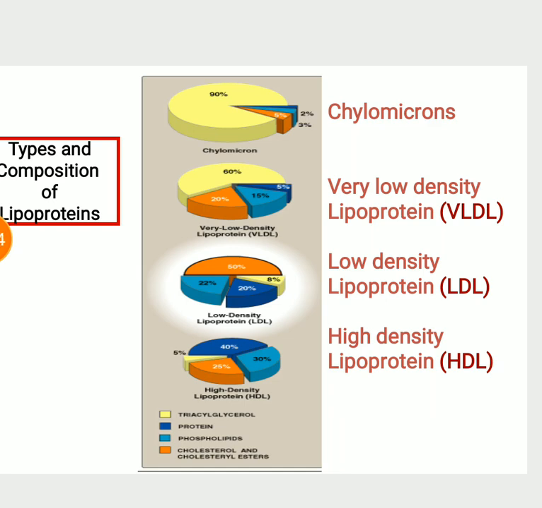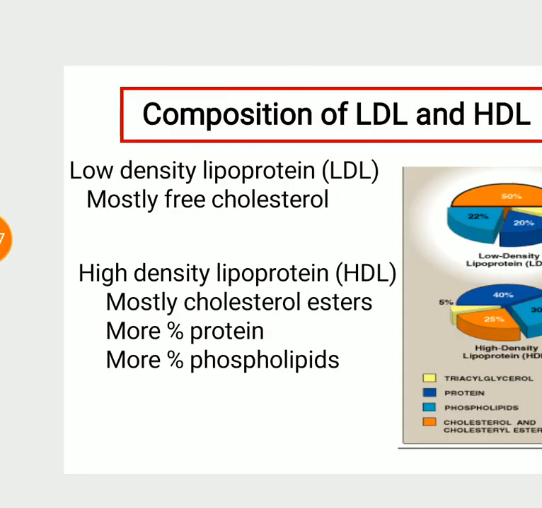So they're the ones above, followed by very low density, second to chylomicrons, then low density, then high density. High density has the smallest diameter but the highest density, which is contrary to the chylomicrons, with a very large diameter but the lowest density.